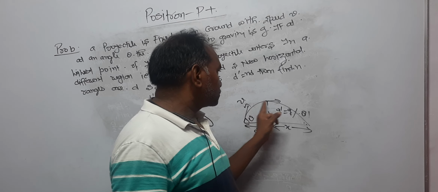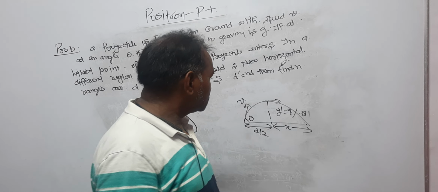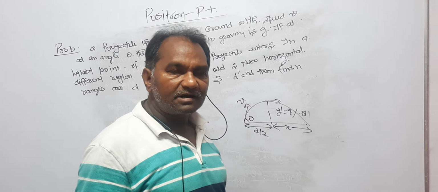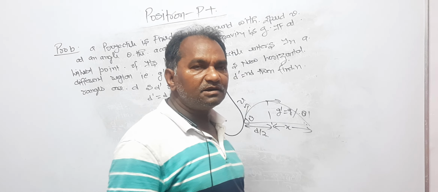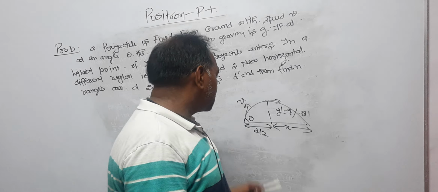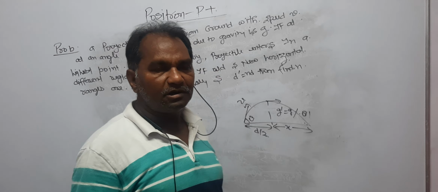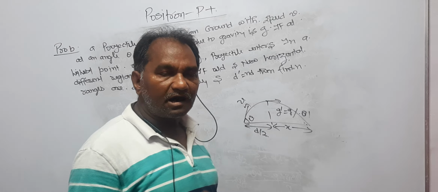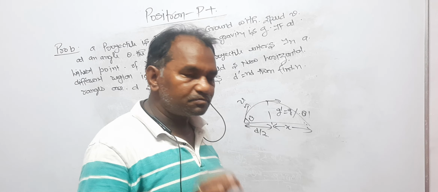If throughout the trajectory the acceleration due to gravity had been small g, then this would have been small d. But only up to the half journey is the acceleration due to gravity small g.